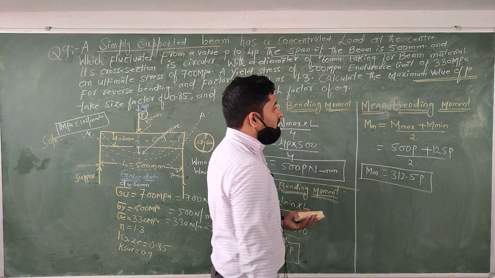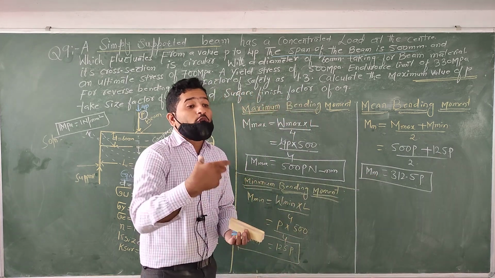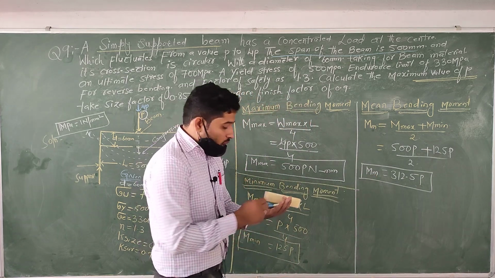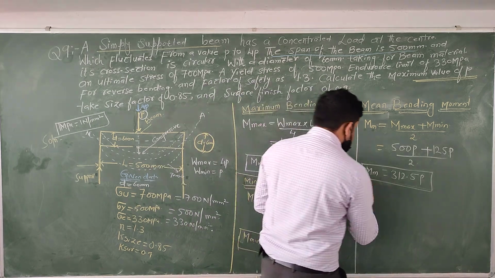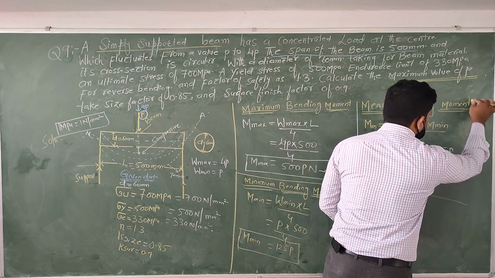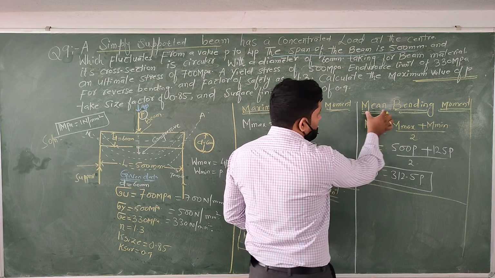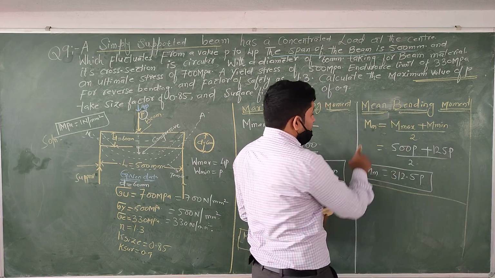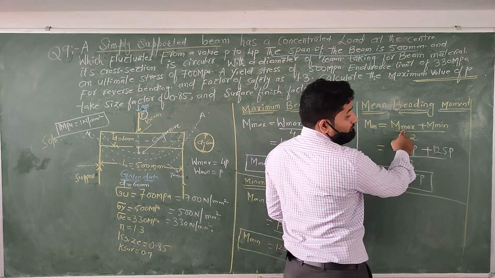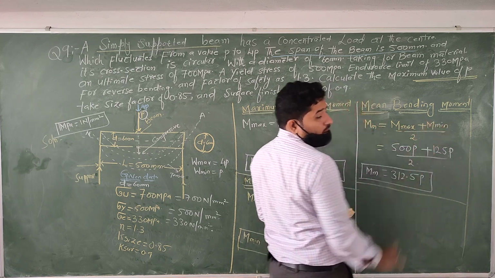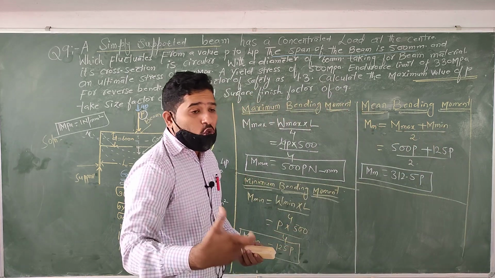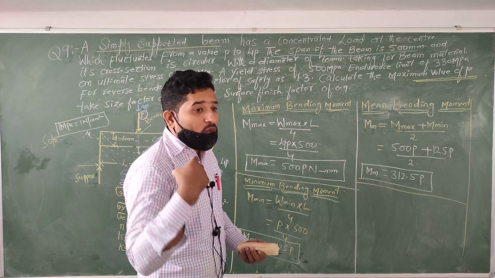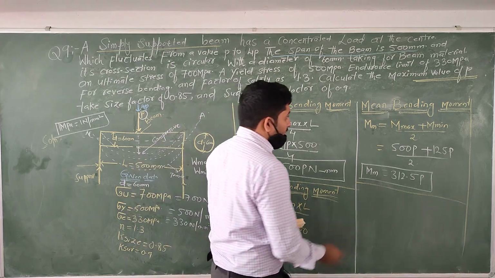Again, we need to find out the variable bending moment. Which formula do we use here? For the variable bending moment, we use the same formula, just changing the sign: Mv equals the maximum bending moment minus the minimum bending moment by 2. Is it right?